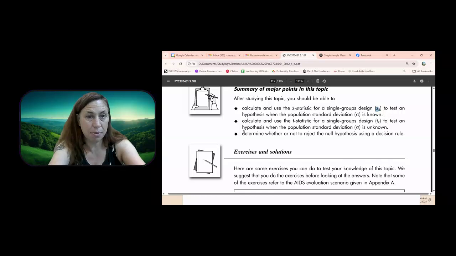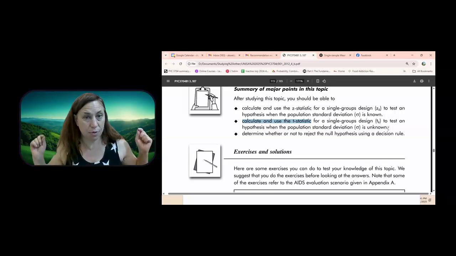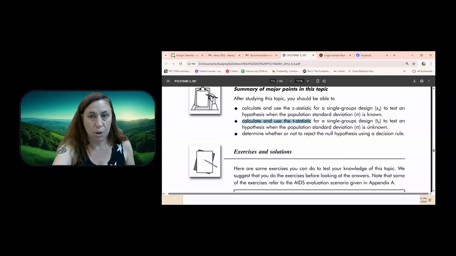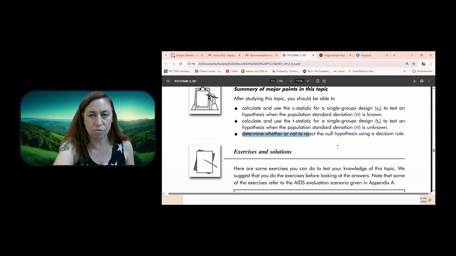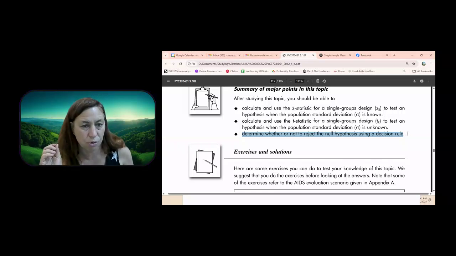Then we're going to do the same thing using the T statistics, to see whether we can reject the null hypothesis or not again. So test the hypothesis, in other words, check whether we can reject the null hypothesis when we don't know the population standard deviation. And then thirdly, we're going to know about the decision rule, which is the name of something we've already learned what to do.